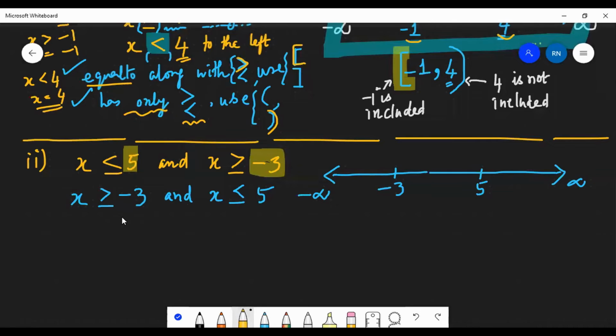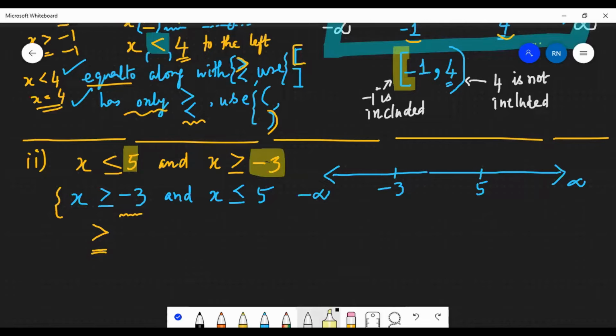Go through the minus 3. What am I supposed to do? Look at the inequality symbol given there. Both symbols are present: greater than also, equal to also. So what should I do for greater than?